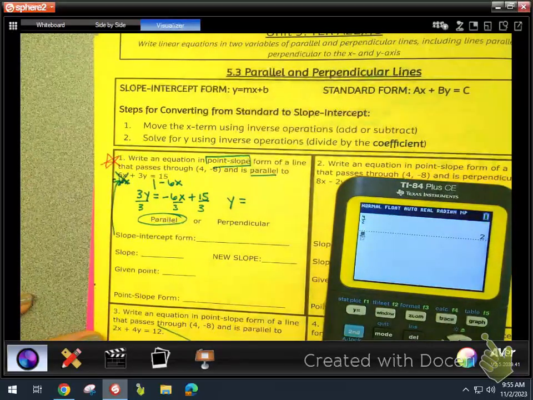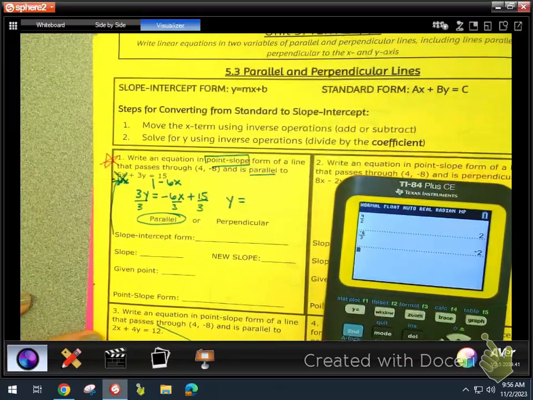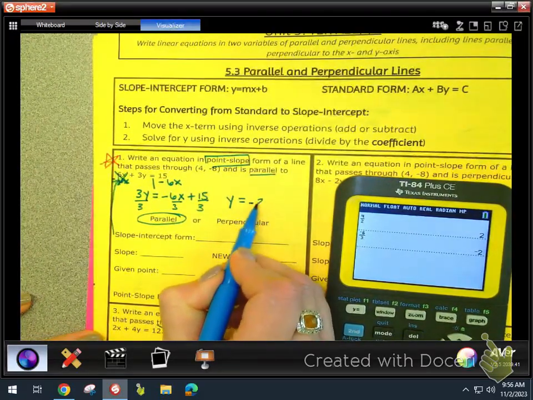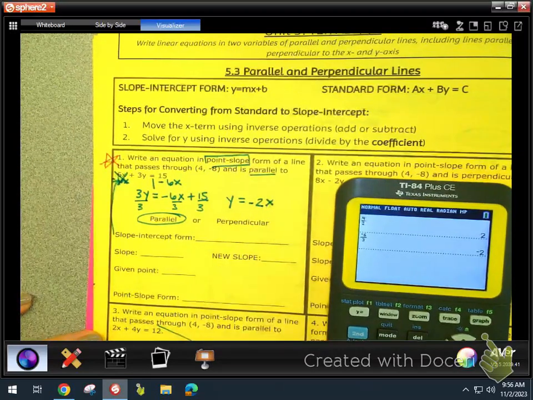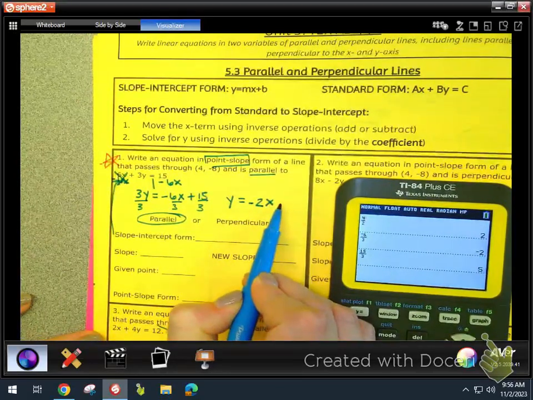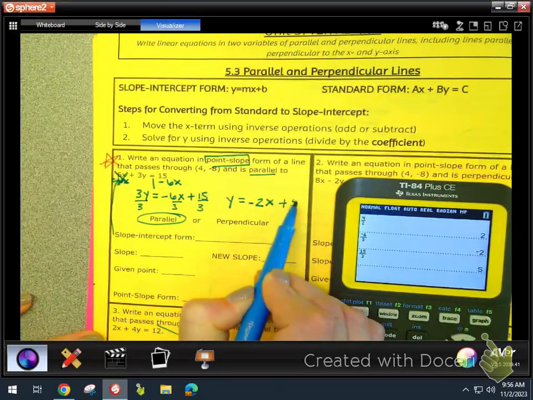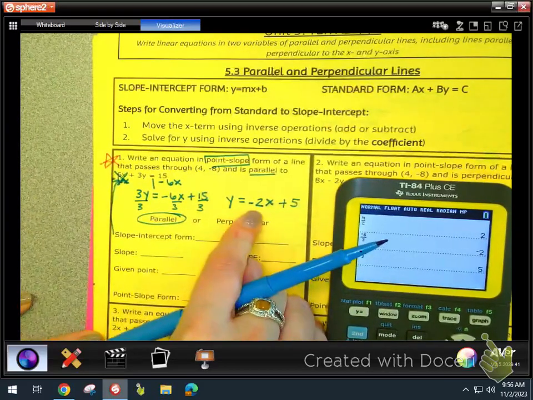This is a big deal. We're going to be doing this in our next unit as well. It's not going away. What's the only thing that you really need from this equation? The slope, the number in front of the x.